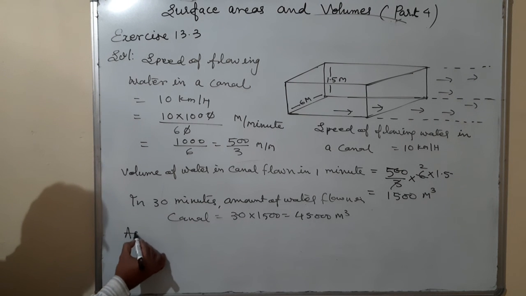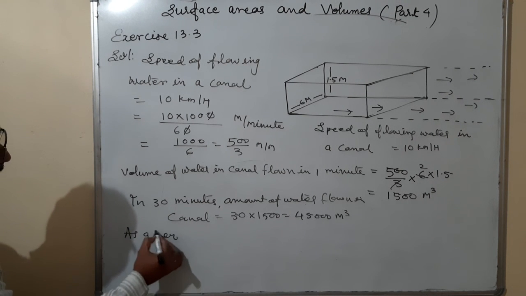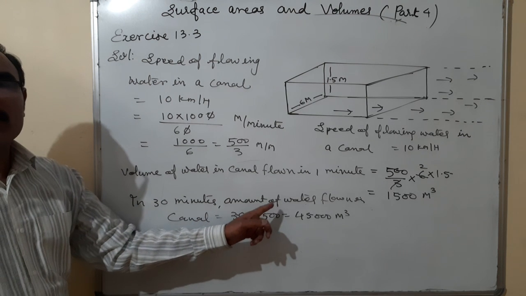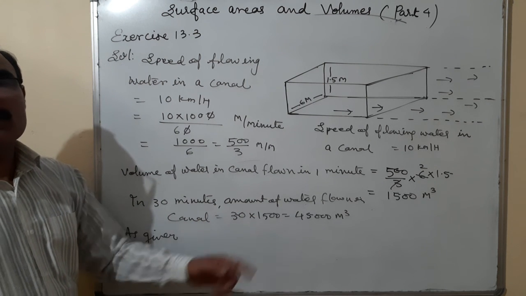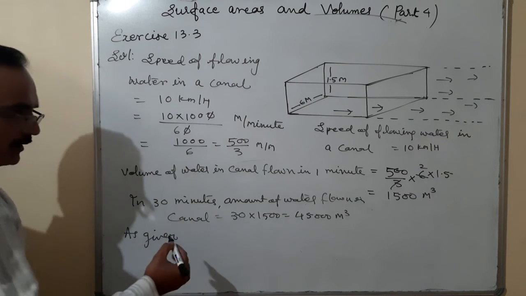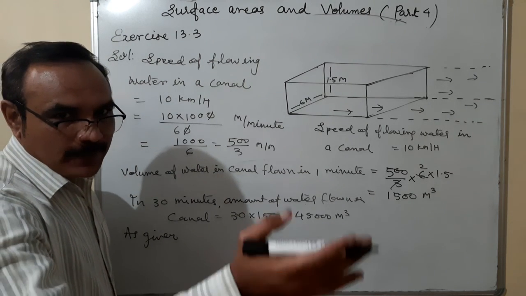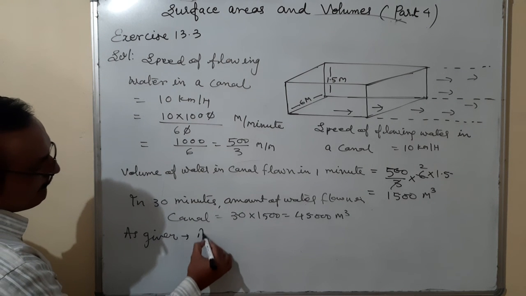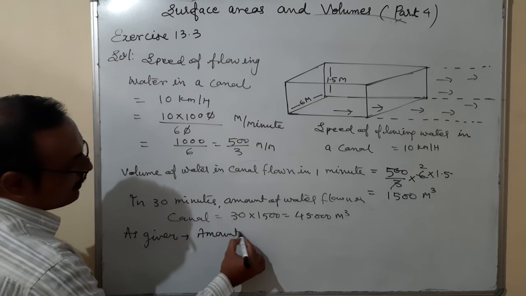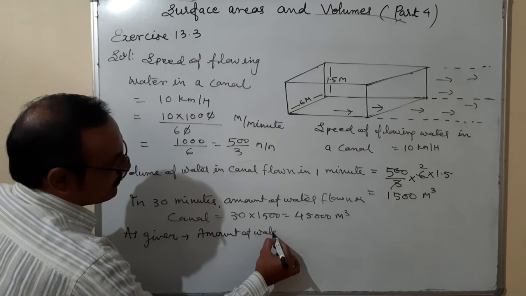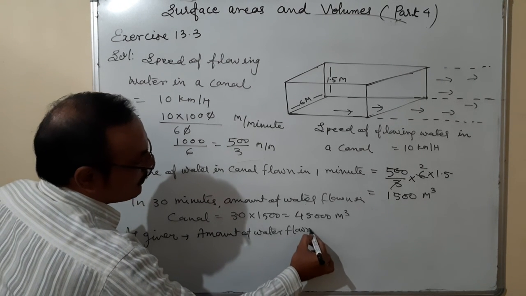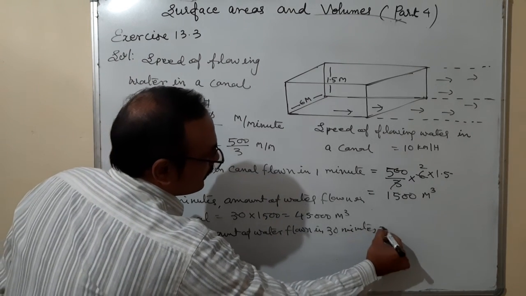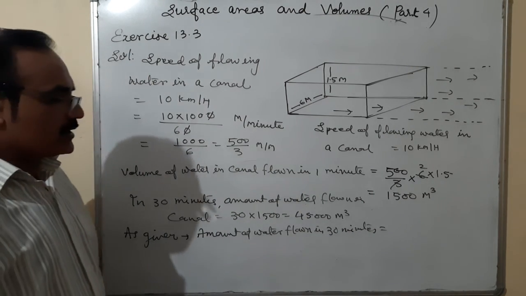As given, the amount of water flown in 30 minutes is equal to area of base multiplied by height. The amount of water flown in 30 minutes is equal to this amount of water.